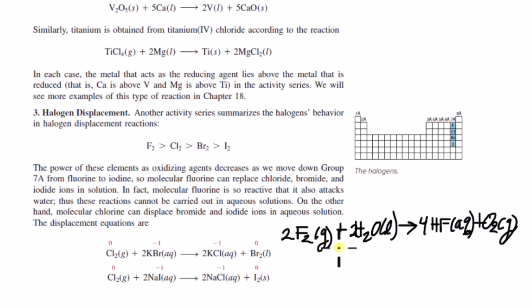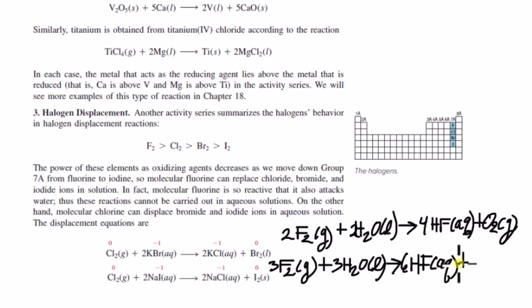And actually, interestingly, with excess fluorine gas dissolved in water, you have a reaction given by, so fluorine attacks the water to produce, once again, hydrofluoric acid, but not O2, in this case, O3, ozone, which we know is an allotrope of oxygen.